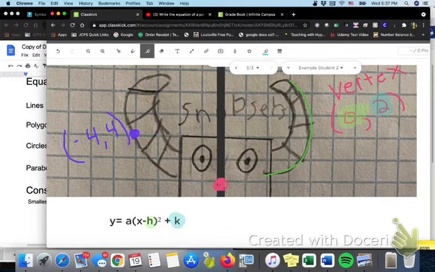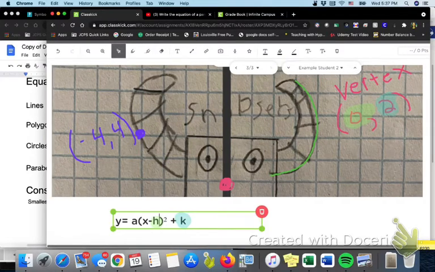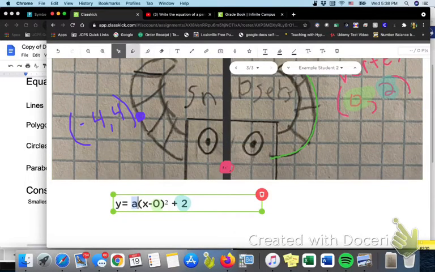So I'm going to go ahead and backspace and replace the h with a 0 and replace the k with a 2. And like I said before, we've got to figure out the actual numerical value for a, and we are going to use this coordinate.